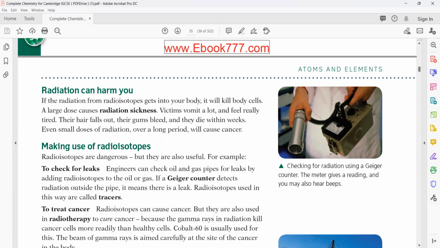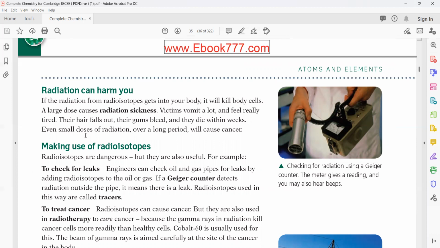Okay. Radiation can harm you. How? If the radiation from radioisotopes gets into your body, it will kill body cells. A large dose causes radiation sickness. Victims vomit a lot and feel really tired. Their hair falls out, their gums bleed, and they die within weeks.